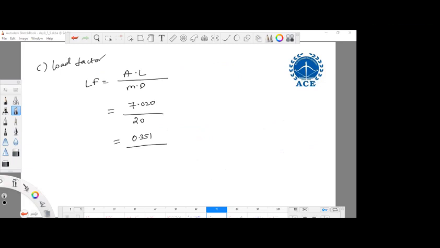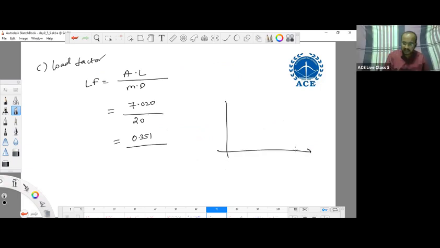Sir, base load plant means should we choose nuclear? Base load means, suppose you observe the load curve variation with respect to time, this is the load curve. The load which exists for the entire duration of this load curve is known as base load.